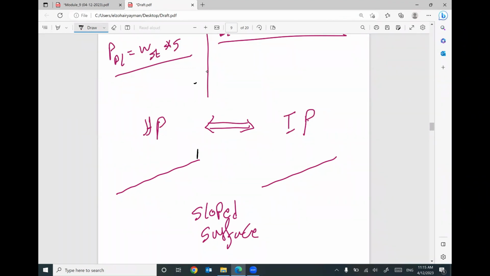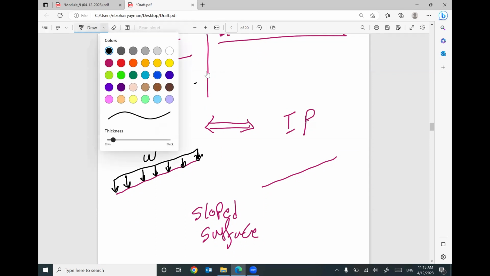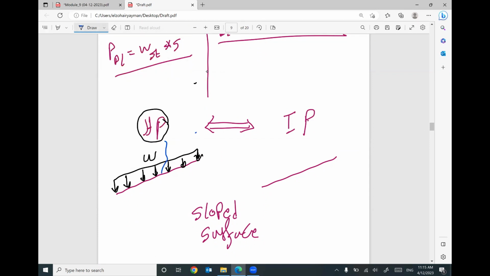I mean, if you have uniform distributed load over this inclined surface, and this distributed load is horizontal projection, and the value of this distributed load is W, if you would like to convert this distributed load to equivalent, you have to multiply W by L, the horizontal length of this inclined member.